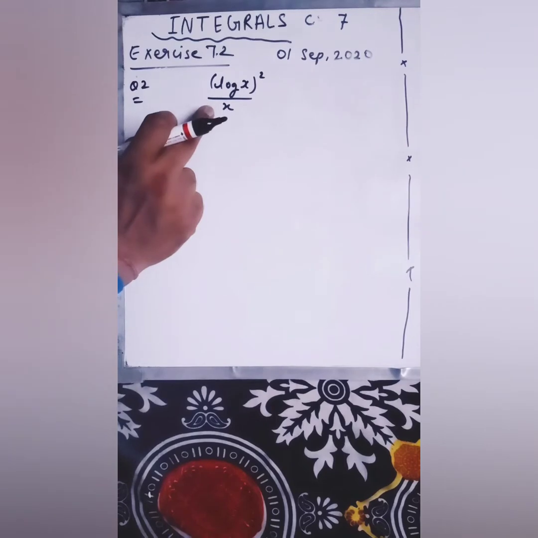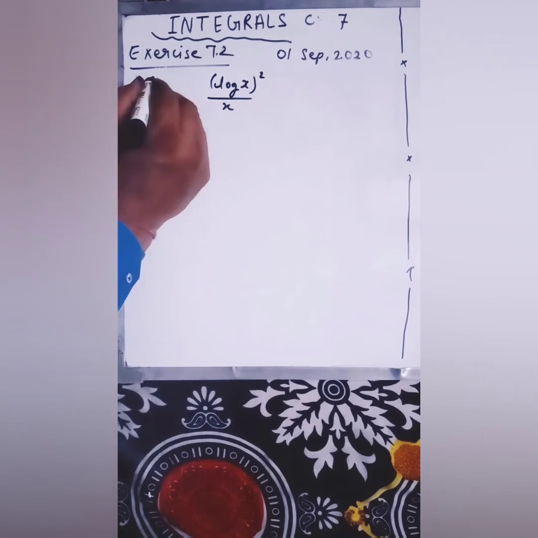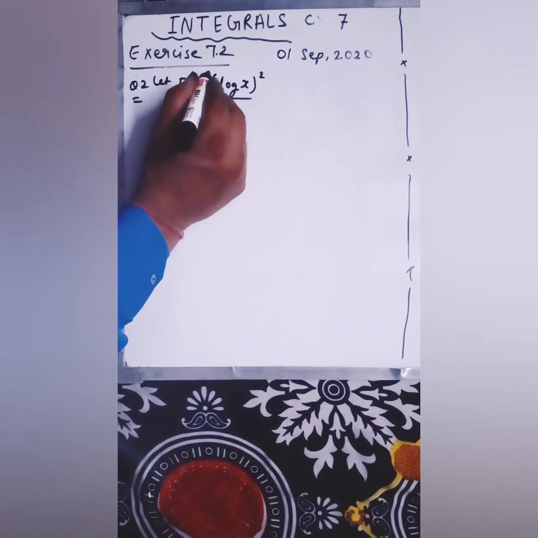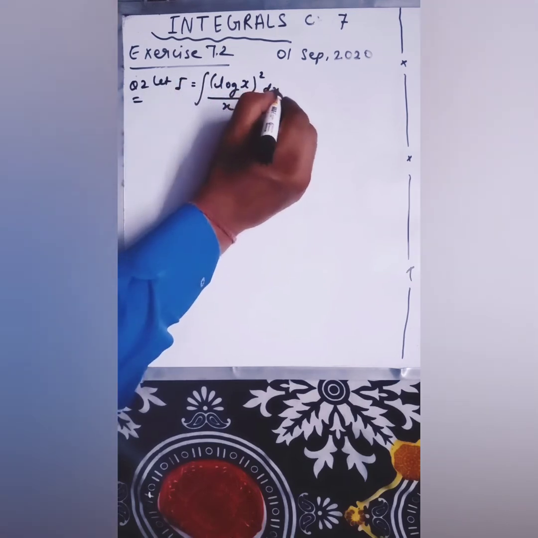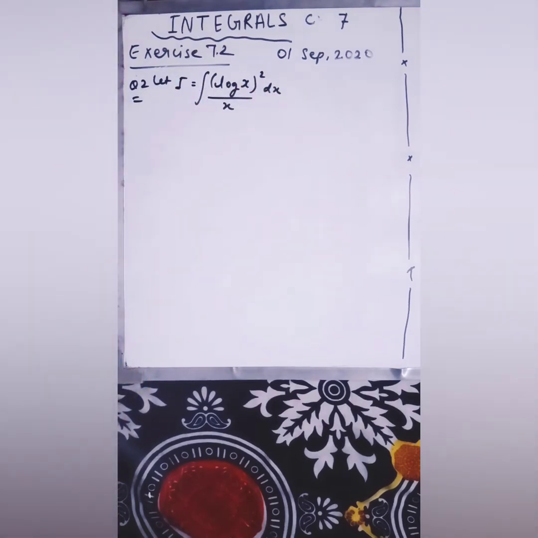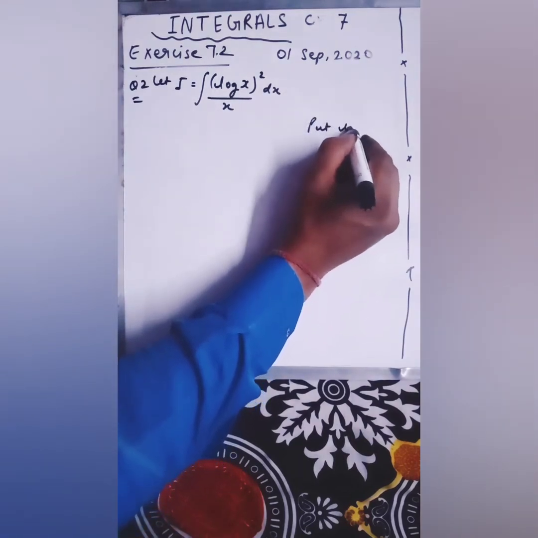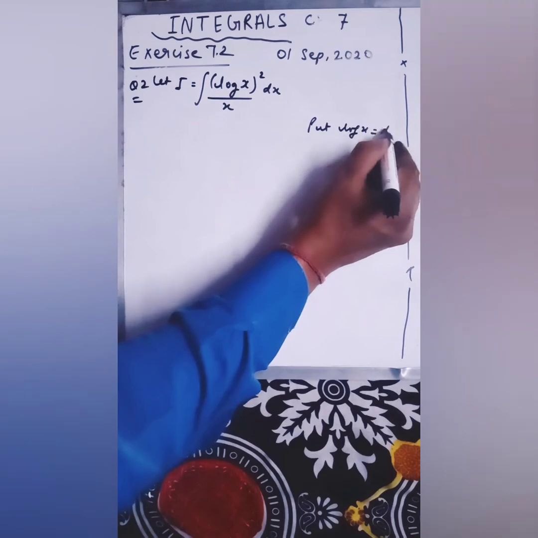Now this is our question number 2. We have to find the integral of this. So we are assuming let I equal this, with the integration sign and dx. Now we assume log x equals t.